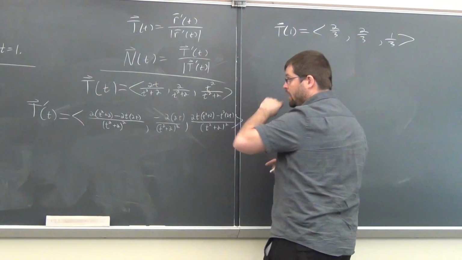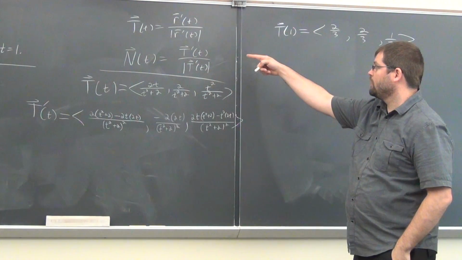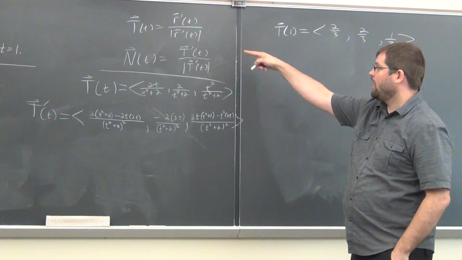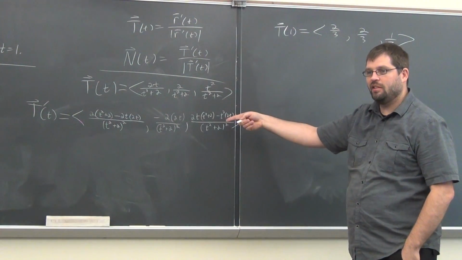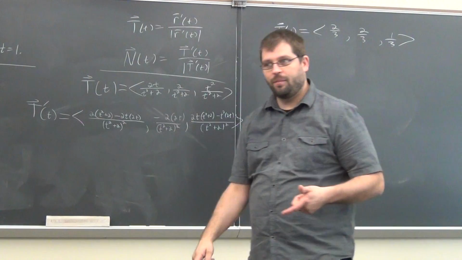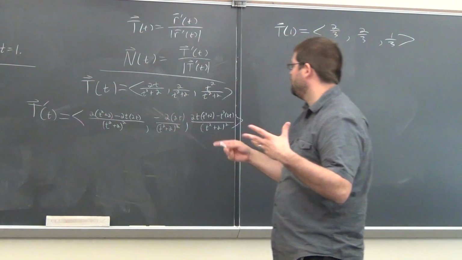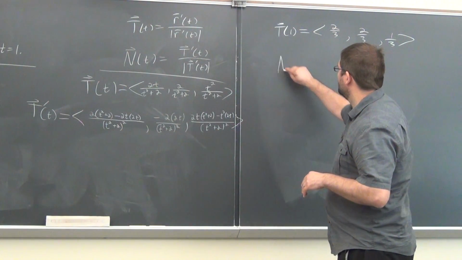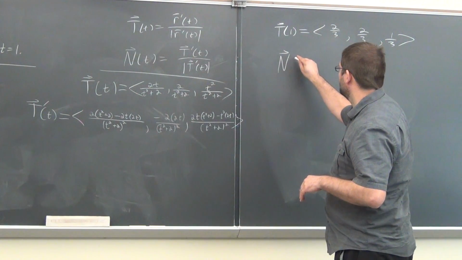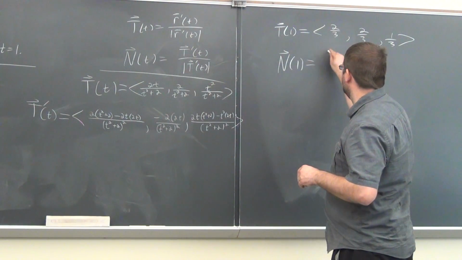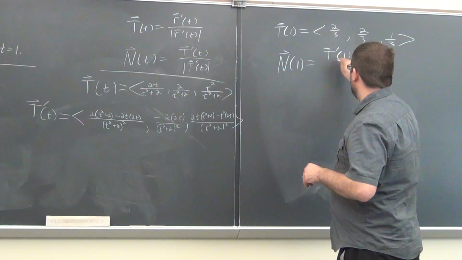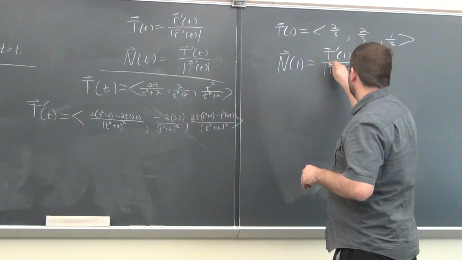Now when we computed T, we said we're going to have to differentiate it, so we have to leave the t's in. Now if we want to compute N, let me write it at 1: N is T prime of 1 over the magnitude of T prime of 1.